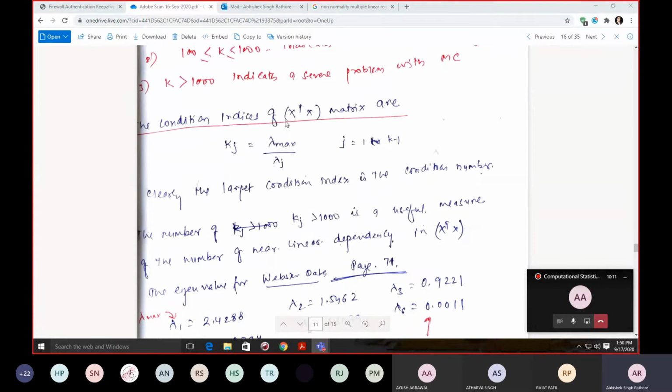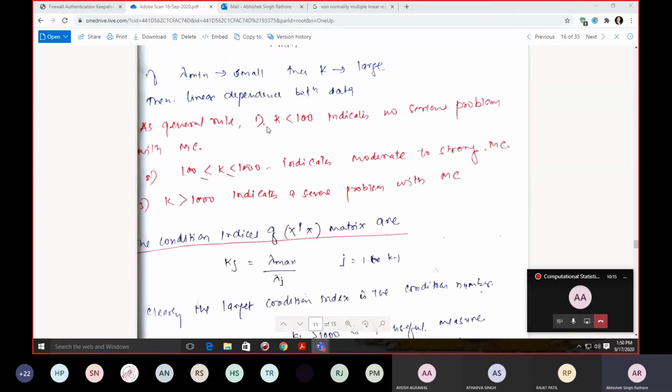So we will identify this k value. If lambda max by lambda min, the maximum eigenvalue upon the minimum eigenvalue, is the ratio I will check. If the ratio is below 100, we can say that we don't have multicollinearity in our data.